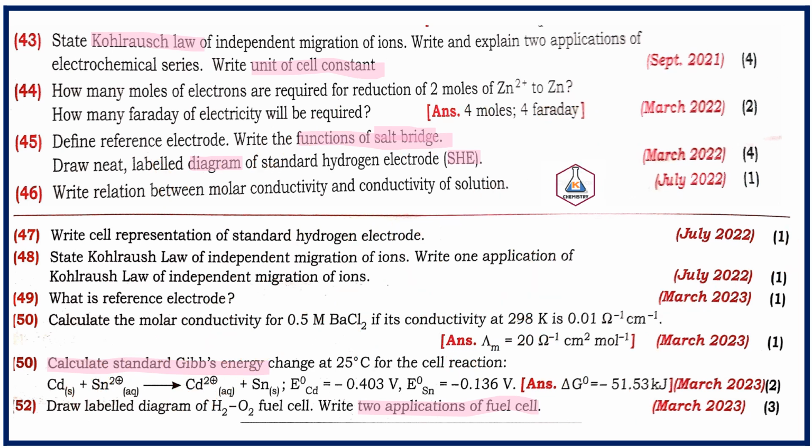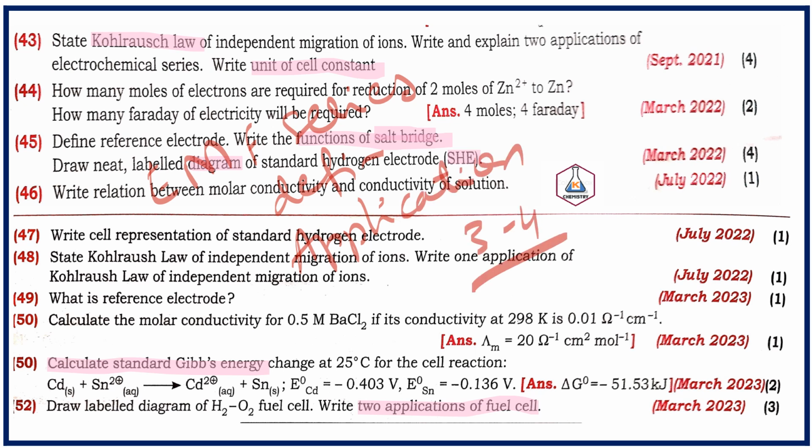Friends, finally, the electrochemical series, also called the EMF series. Its definition, then applications. Friends, 3 to 4 applications are there. All are very important and have a lot of explanation also.